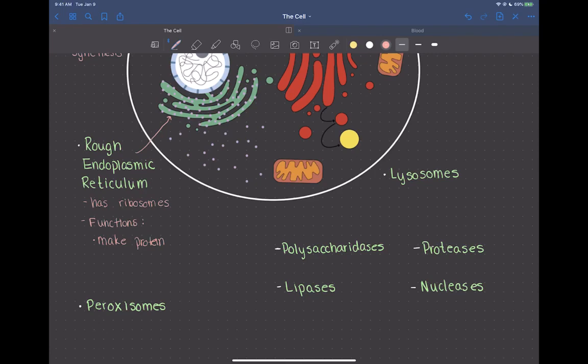These proteins are going to be either membrane proteins, which we talked about before, or they're going to be proteins that are sent out of the cell. They're exported from the cell. So, exported proteins.